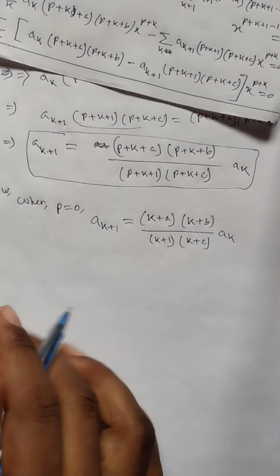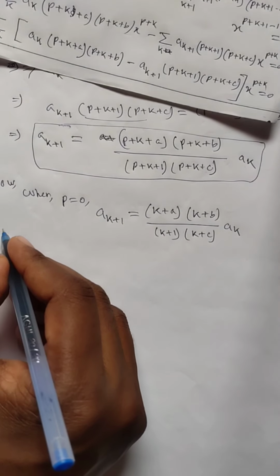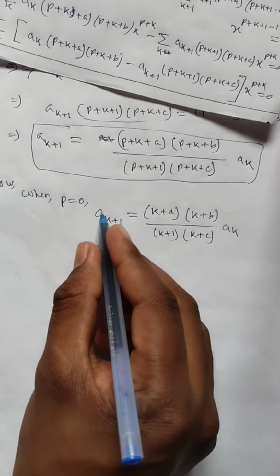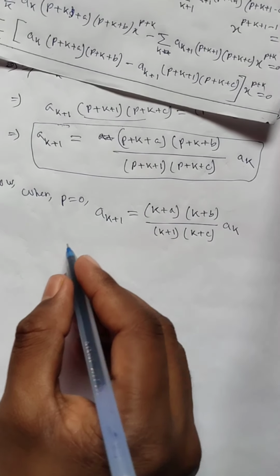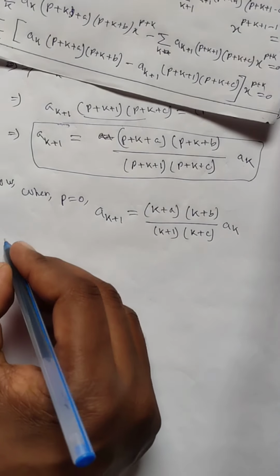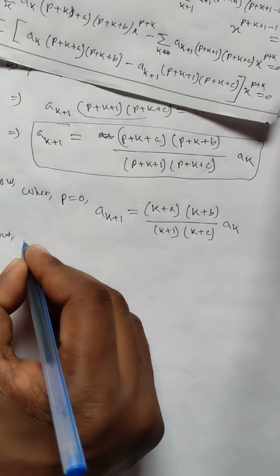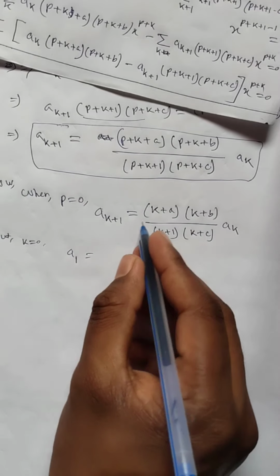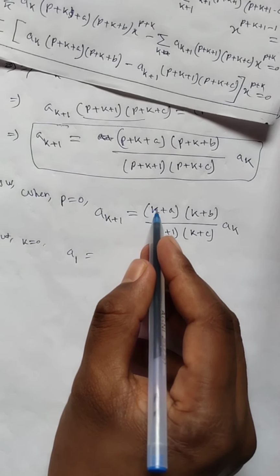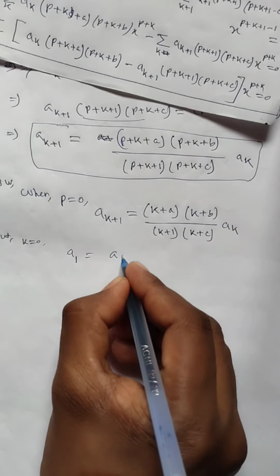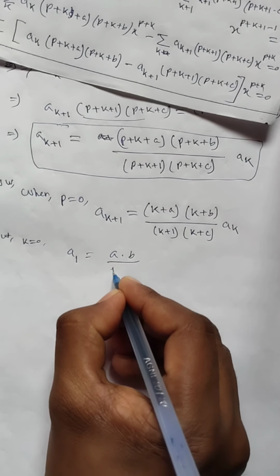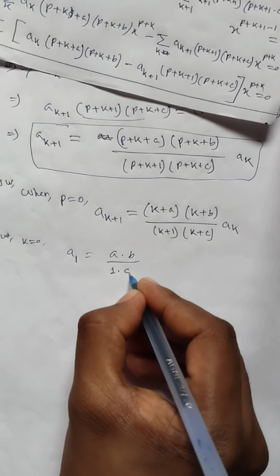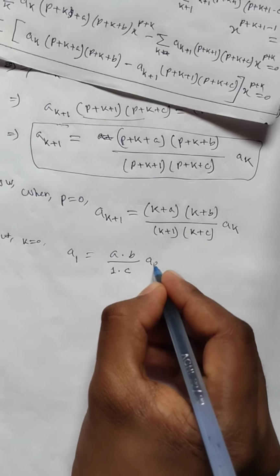Okay, now we find a1, a2, a3 and also an. So put k equal to 0 in this equation, so we get a1 is equal to a·b divided by 1·c a_0.